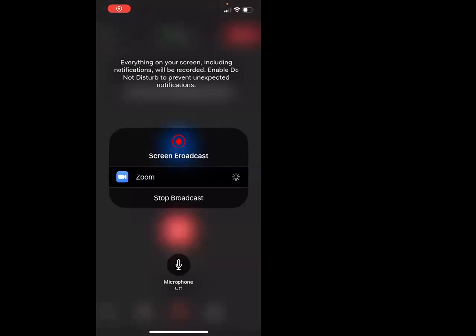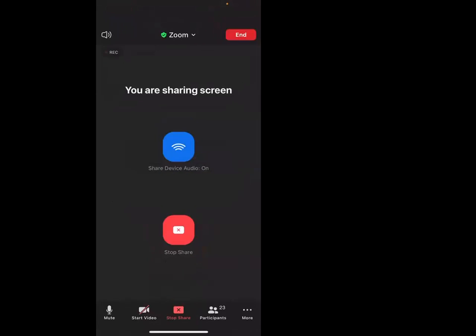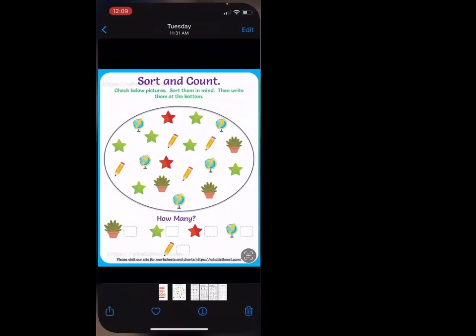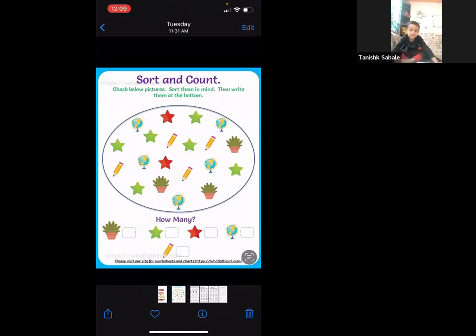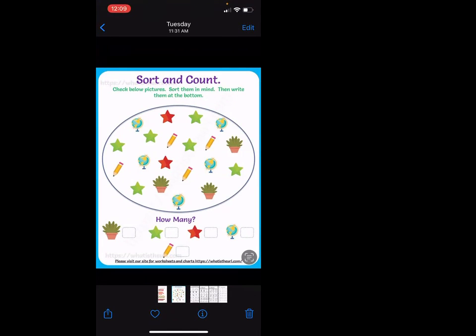Please keep your mics on mute so we can continue. Can you see, children? Here are some pencils, some plants. Can you see the screen, everyone?